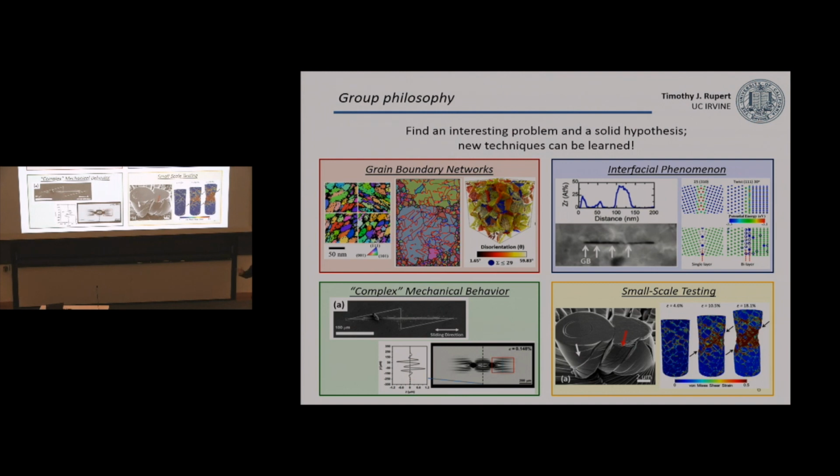Everything I study has smaller grain sizes. So we had to figure out a way to do this through what's called transmission Kikuchi diffraction. Every time you see a different color, you see a different orientation of the crystal, and we could figure out what the grain boundary network looks like from that. In the middle, we had to develop some theory. We wanted to think about breaking up the network, making it hard for cracks to propagate through.